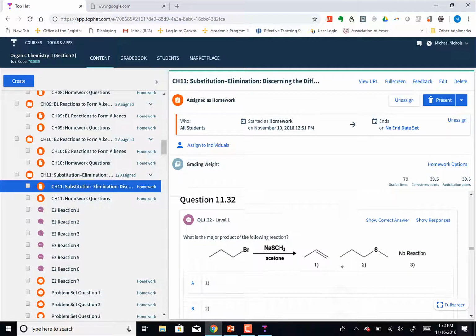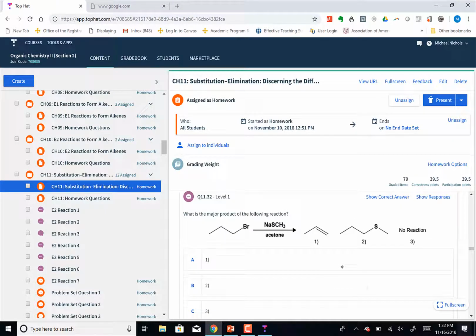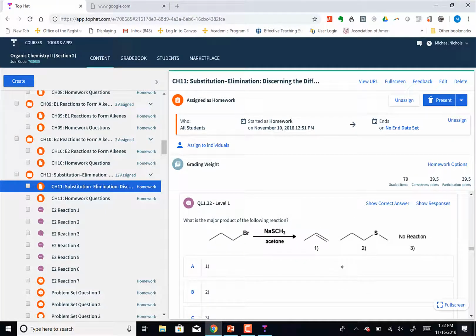A lot of this is going to be, and they're kind of leading you, right? So now we know what mechanism they said this was, so now we can predict the product in the next question. There's 79 questions. Okay.